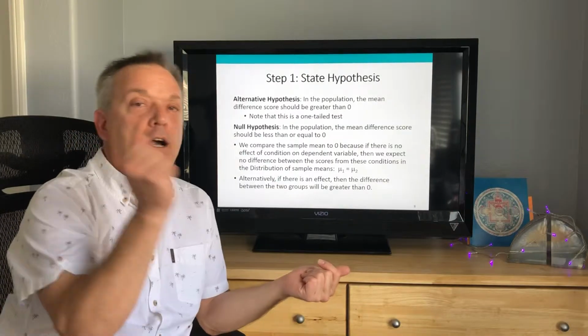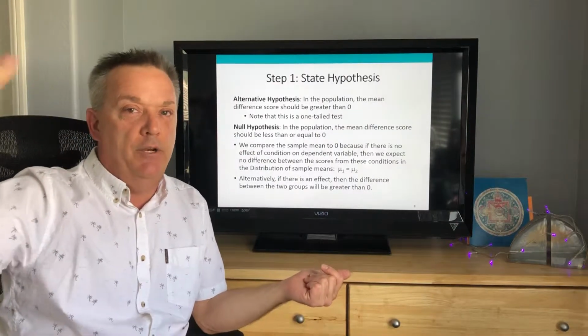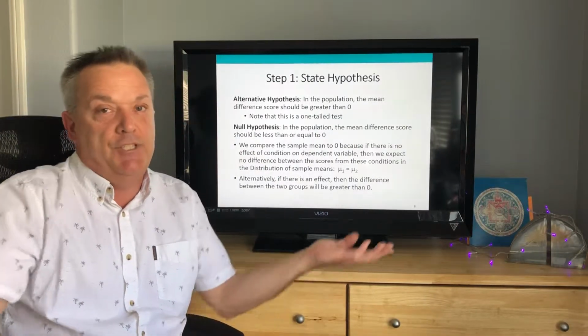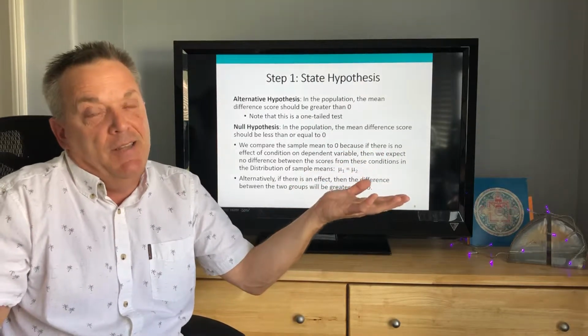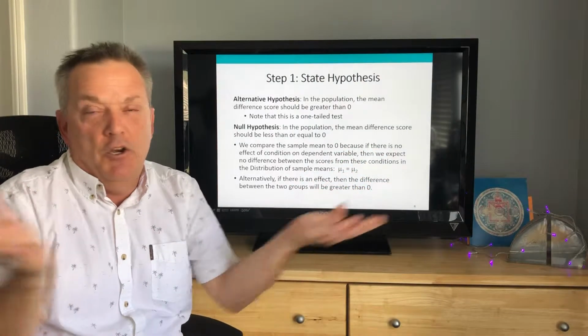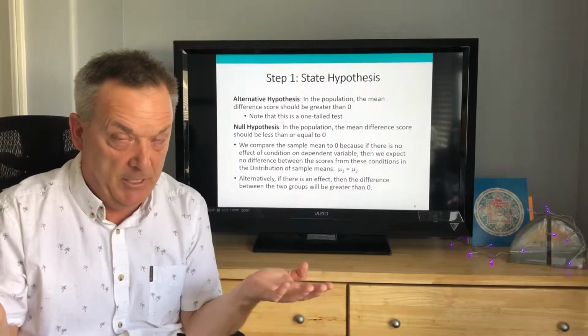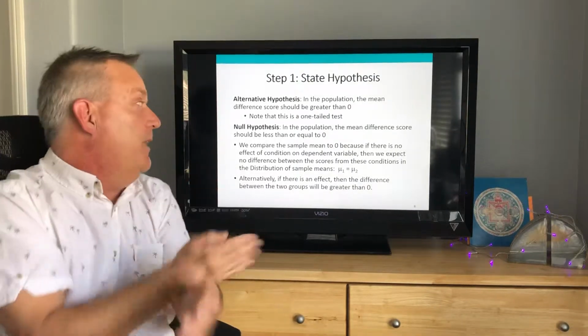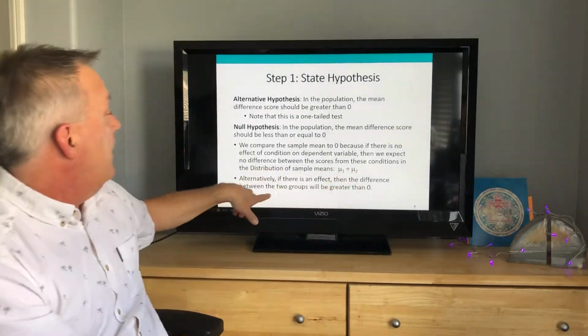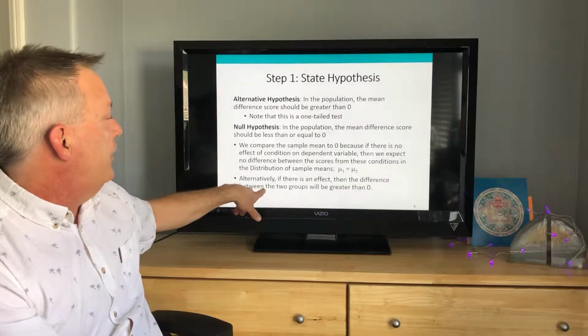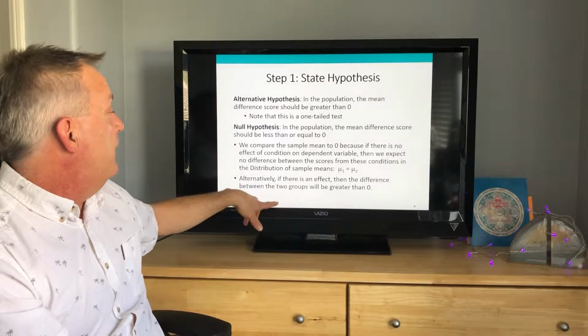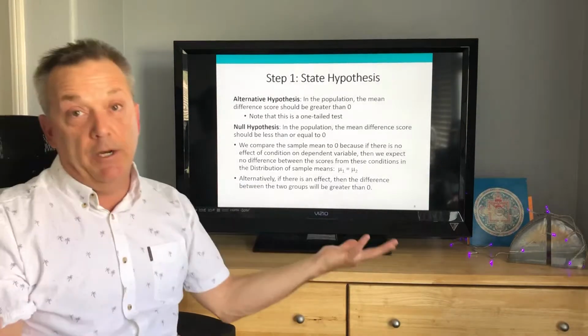If they are not going to improve in their fortune-telling environment, if it's just going to be the same, that's the null hypothesis: no difference in environment. Then the mean should equal 0. And alternatively, if there is an effect, then the difference between the two conditions should be greater than 0.